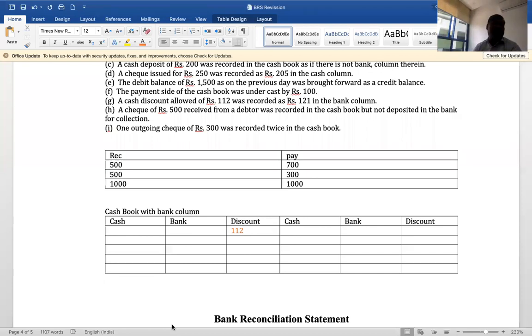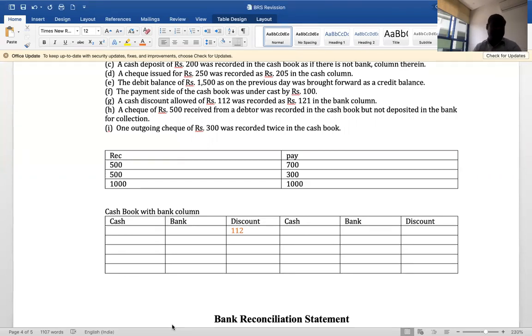The banker might have already collected the amount, and the passbook shows more balance compared to the cash book, because in the cash book there's no entry in the bank column. As per the cash book, the bank balance of the company is less, but as per the record of the banker, that is the passbook, it is more.